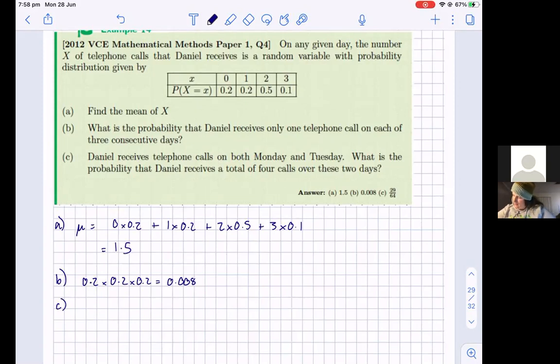He receives telephone calls on both Monday and Tuesday. What's the probability that he receives 4 calls over these 2 days?